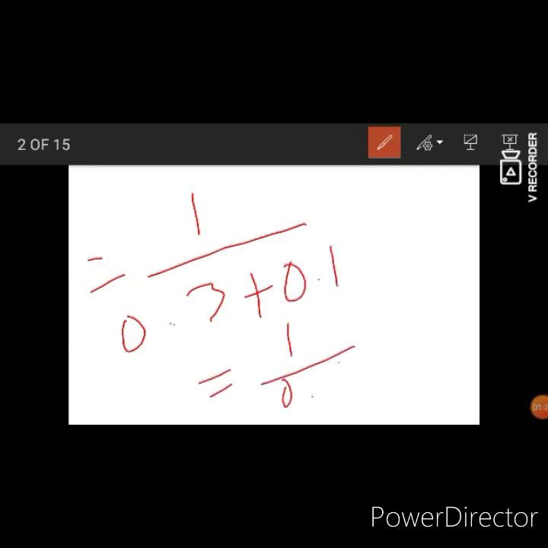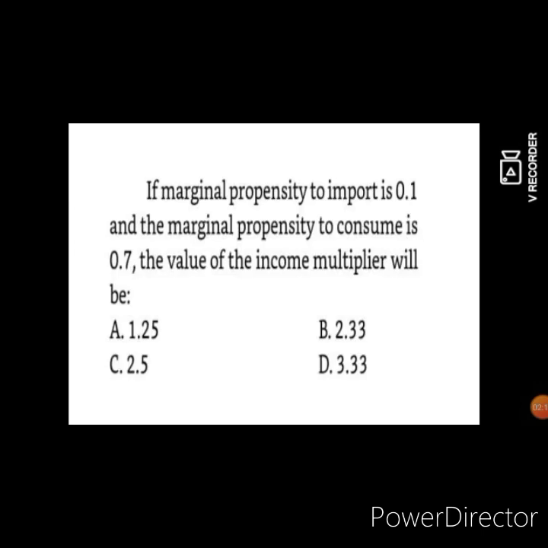Now 1 by 0.3 plus 0.1, we get 1 by 0.4 and the answer is 2.5. So the answer is 2.5.